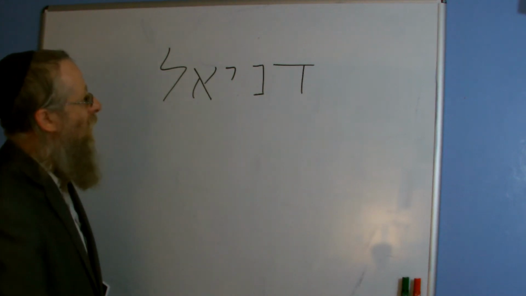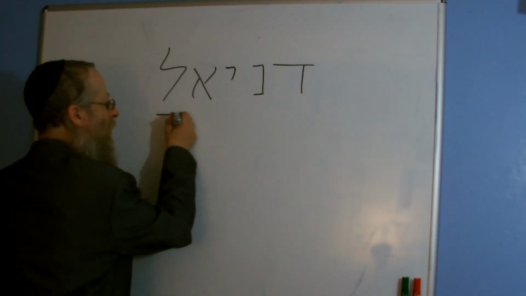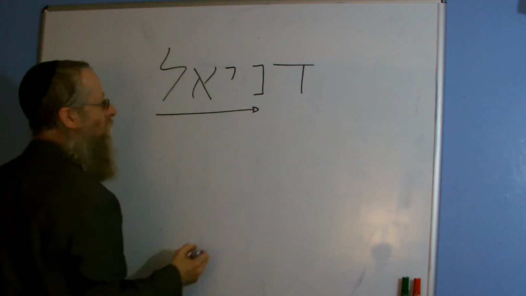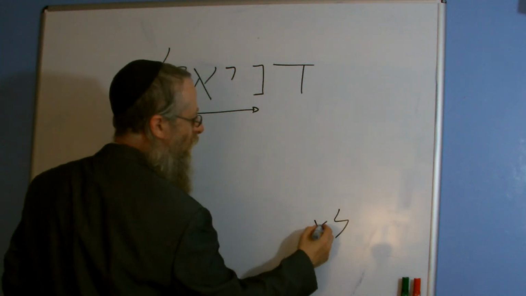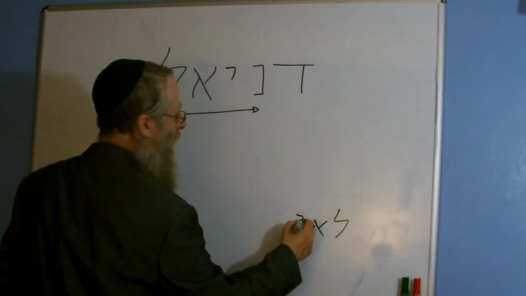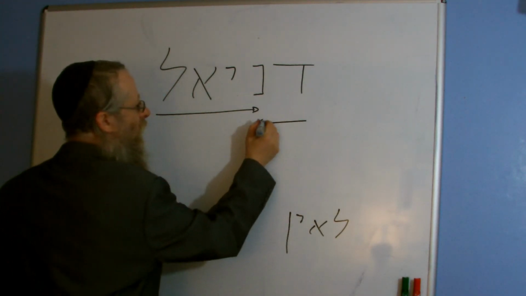If we look at the word Daniel, if we read it in the English way, from the Lamed to the Nun, and I'm going to write those letters out in the Hebrew direction, which is from right to left, and then we read it from the Dalet to the Nun.